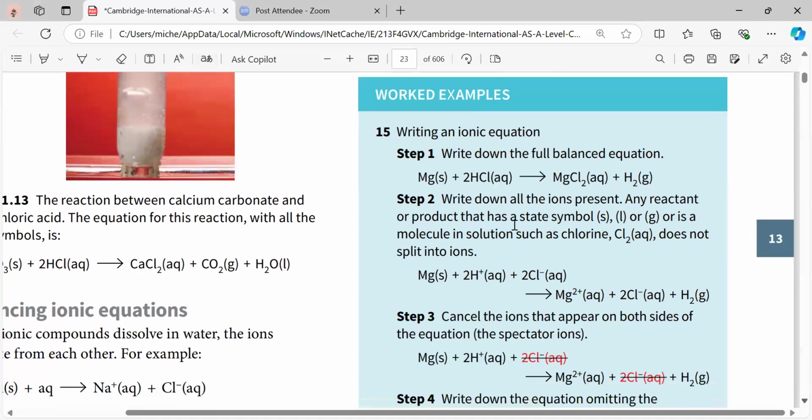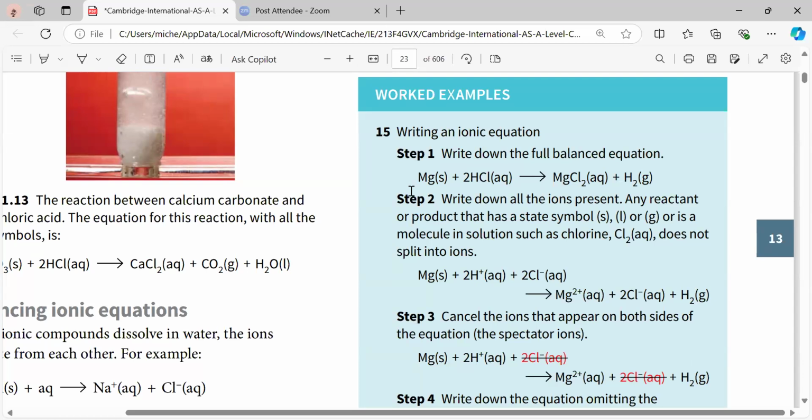Okay, so now we're going to write the full balanced equation. So we have magnesium. Magnesium is solid. And then here we have hydrochloric acid in aqueous form, magnesium chloride, and then hydrogen. As we can see, this equation is actually fully balanced, so we're going to just double check.